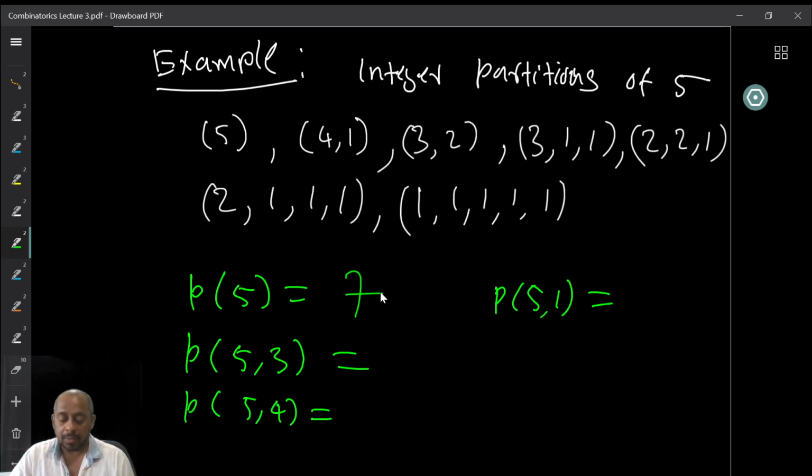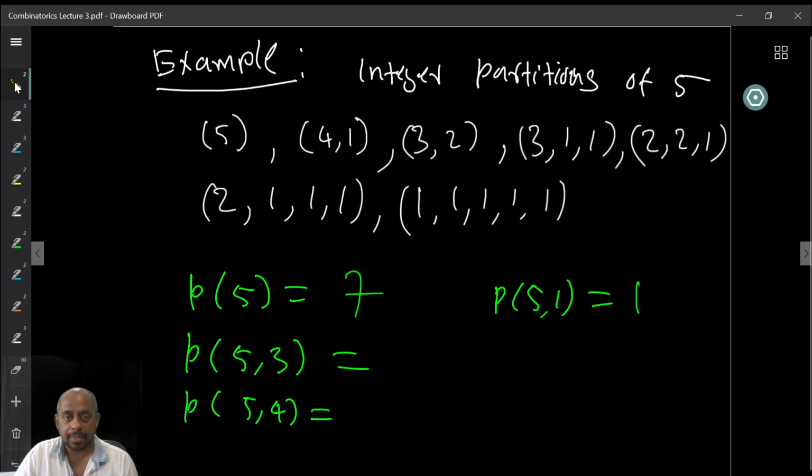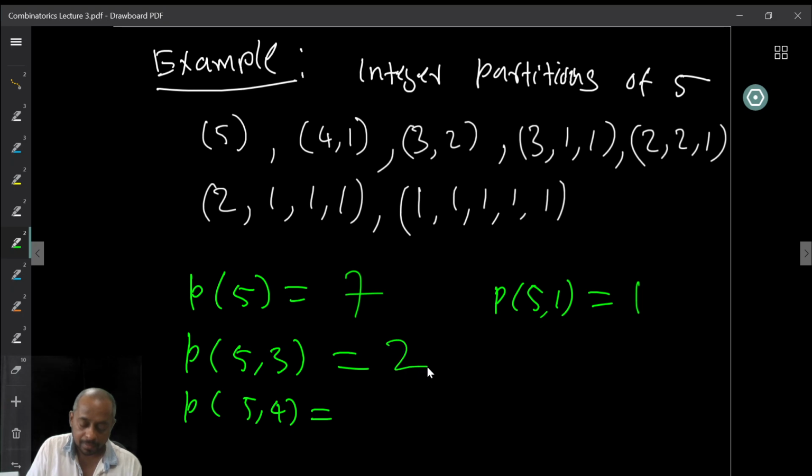Now, what about P of 5 comma 1? How many partitions of 5 are there into exactly one part? There is only one, 5 itself. What about P of 5 comma 3? We need exactly 3 parts. There is one here, there is one here, and that is all I can find, so there are 2 ways. What about P of 5 comma 4? There is only 2, 1, 1, 1, and nothing else, so there is exactly 1.